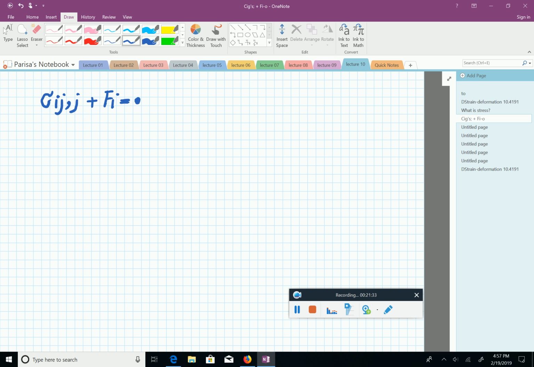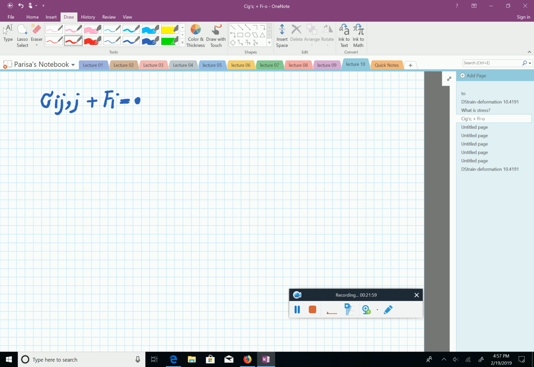So if you want to solve for stresses, we can't really do that. So we need some other equations to supplement the equations that we have, and those are the material behavior equations. So with that, let's start to look at constitutive laws.